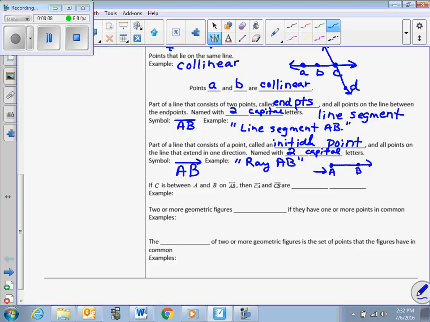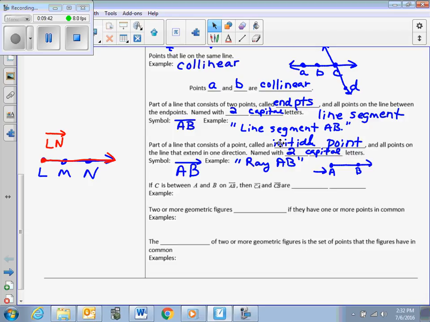Okay, let me put another one over here. Let's see, L, M, N. Okay, if I want to talk about ray LN, then ray LN is right here in red, right? All right. So that's ray LN.